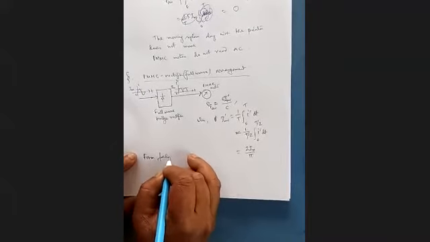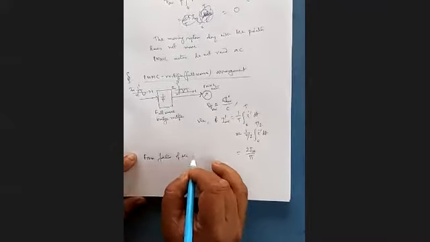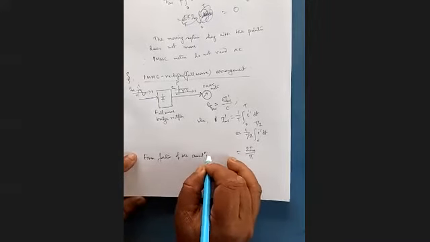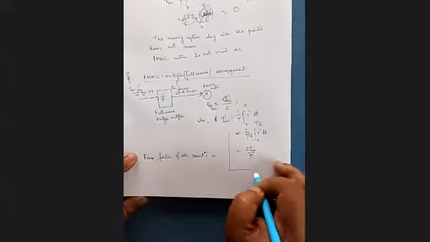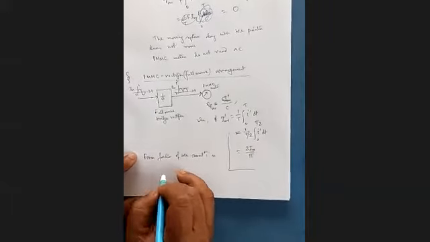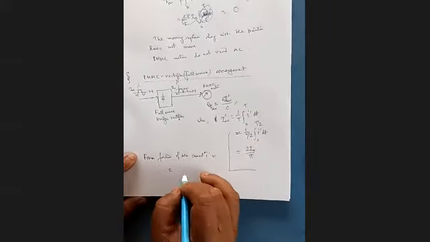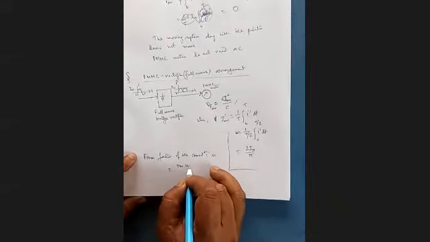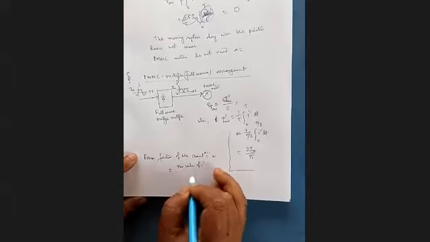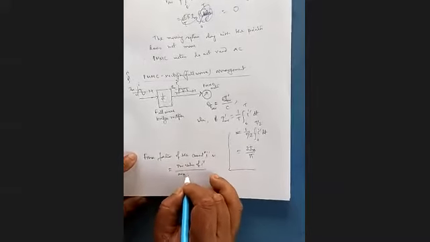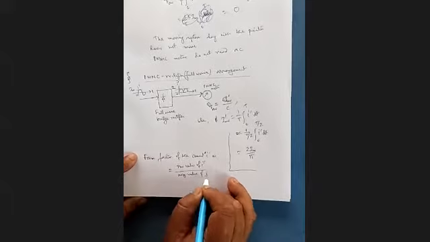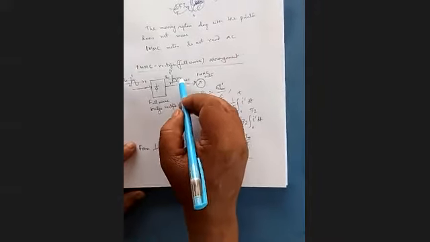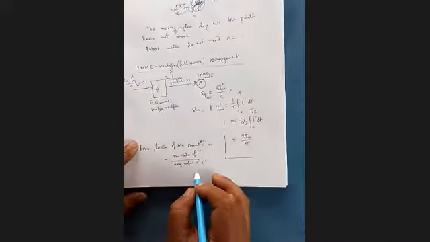Form factor of the current I dash is equal to the ratio of the RMS value of I dash to the average value of I dash. Now, what is the RMS value of that full rectified wave? It is Im by root 2.